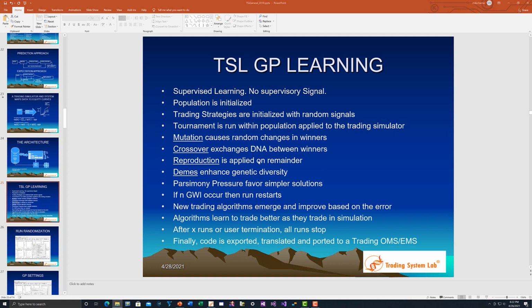DEMS enhance geographical diversity by interacting with regions that are also representative of the solutions available in the universe of solutions in the population that's available. Parsimony pressure favors simple solutions, and then after n GWI occurs, the run restarts.